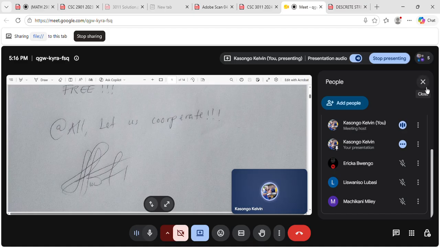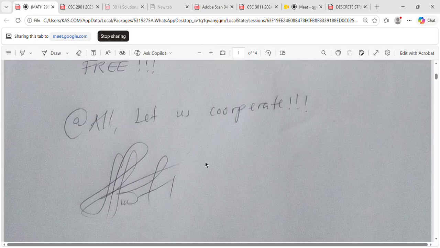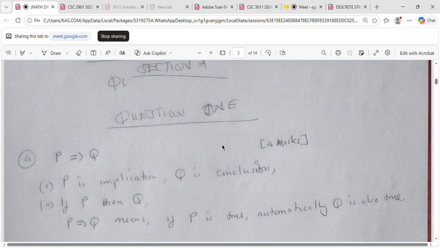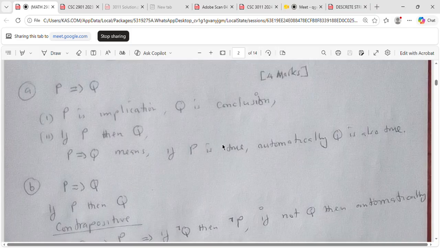Right. So, what does the implication P implies Q mean? Remember, we can't overemphasize marks allocation. It is very important, and that's 4 marks. So you need to put as many statements as you can to obtain those marks.